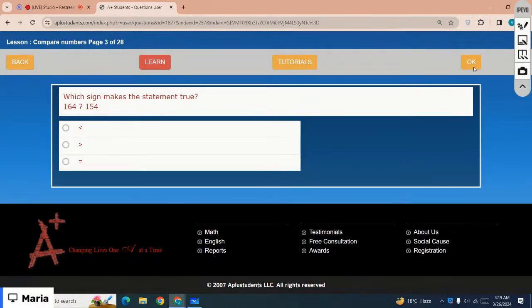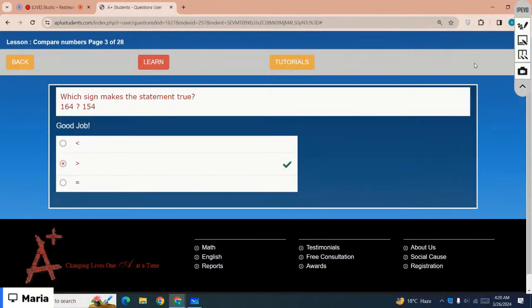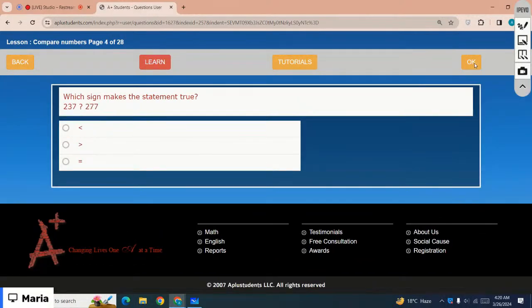Which sign makes the statement true? 164 or 154? 164 is greater, right? 164 is greater than 154. Which sign makes the statement true?